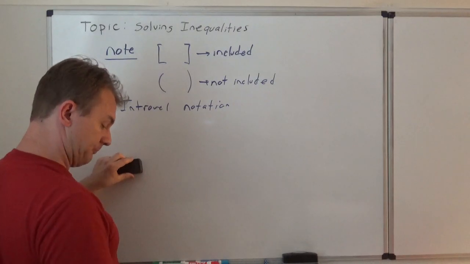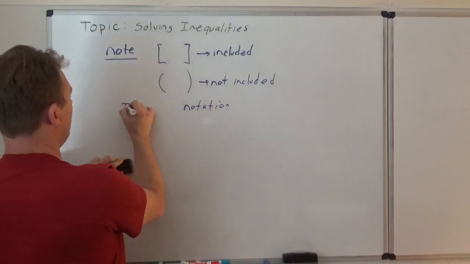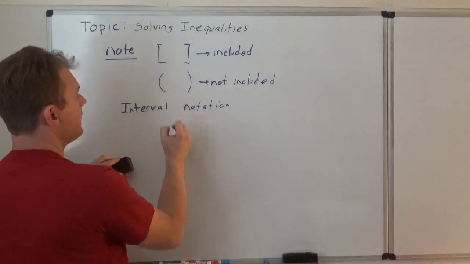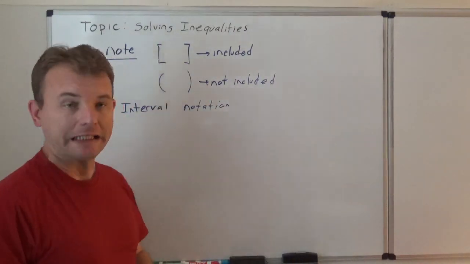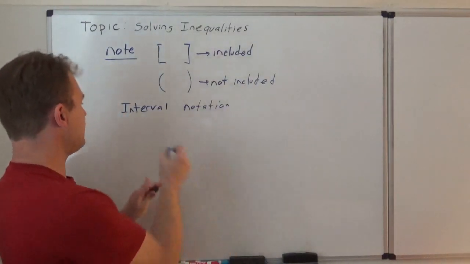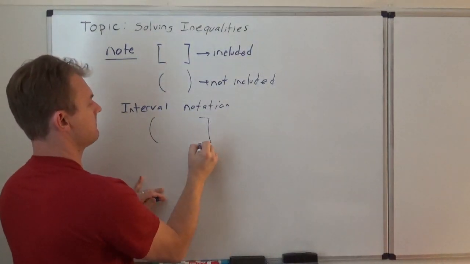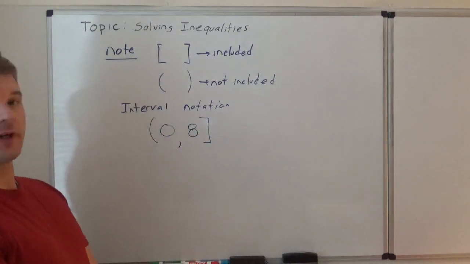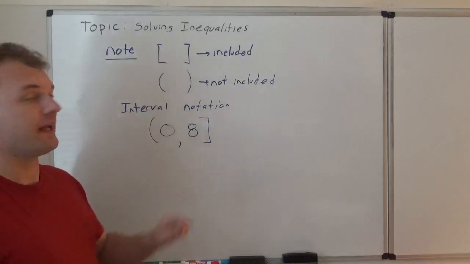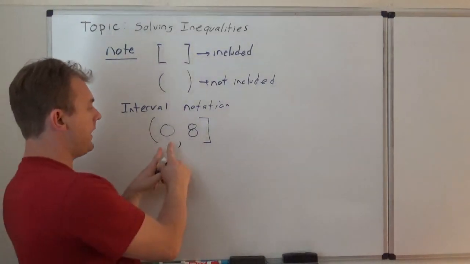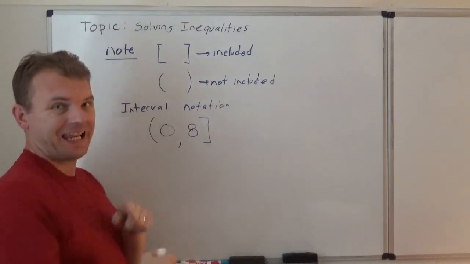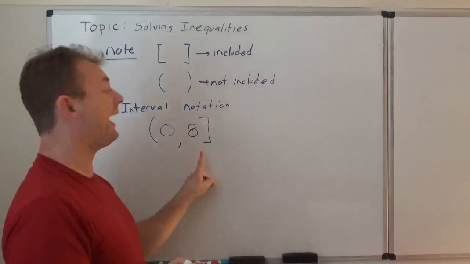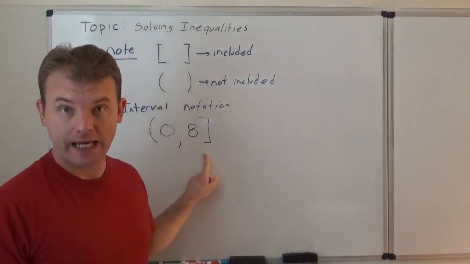Interval notation means, what if I had something like this? That's your interval notation. It's written like this. It means that 0 is not included. I can't have something equal 0 because it's not going to work. But I can have something equal to 8.